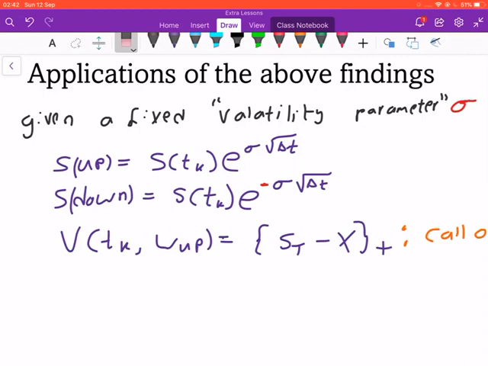To find the upside of the share, you will use this equation: the value of the share from the previous node multiplied by e to the power of sigma times the square root of the period, and the downside will have a negative. So keep that in mind. They are similar, but one has a negative, one has a positive.